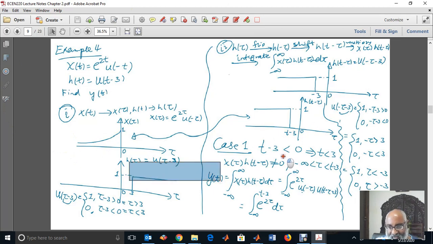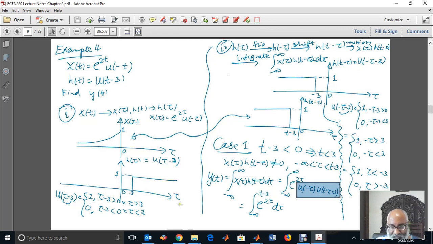So the first case is t minus 3 less than 0, meaning t less than 3. Then the integration will be from minus infinity until t minus 3 of e to the power of 2τ, and we remove u(τ) and u(t-τ-3) because they are 1.